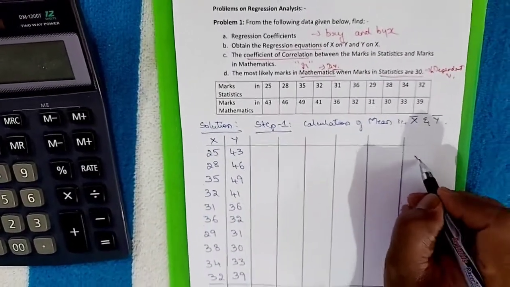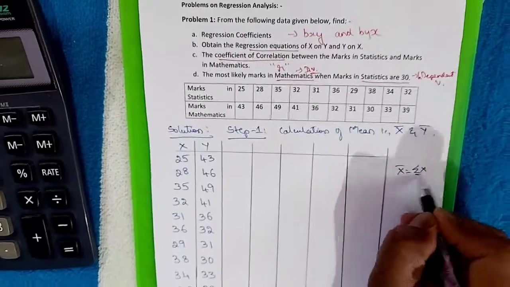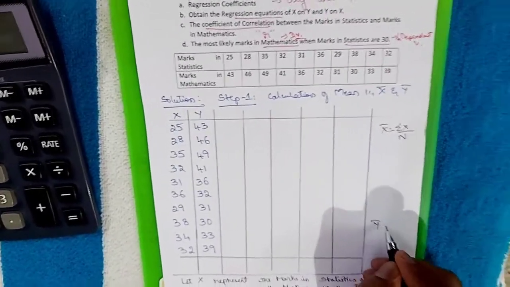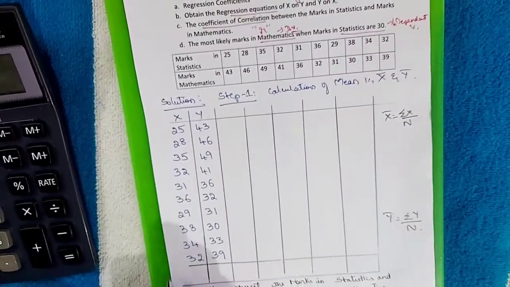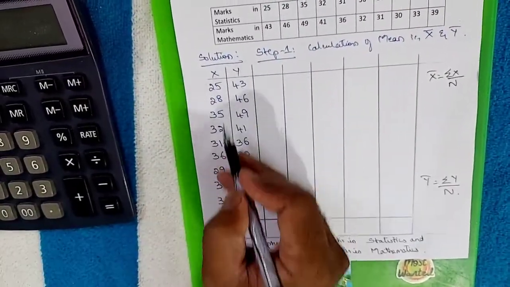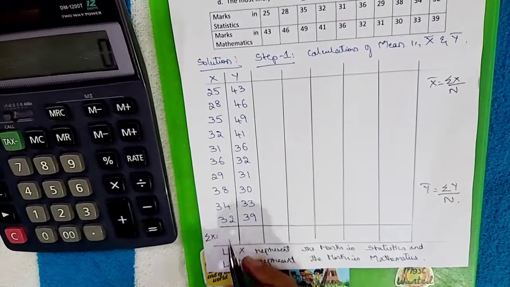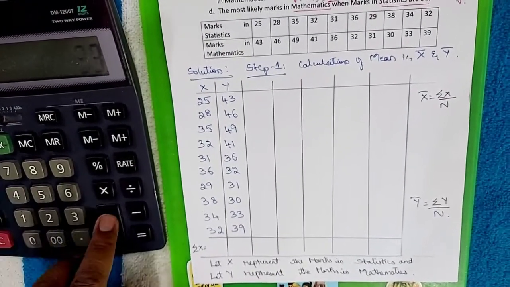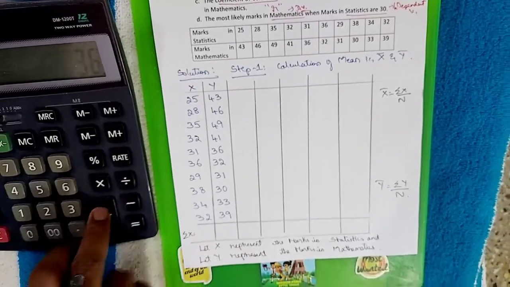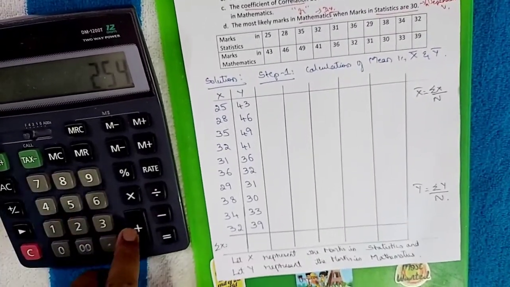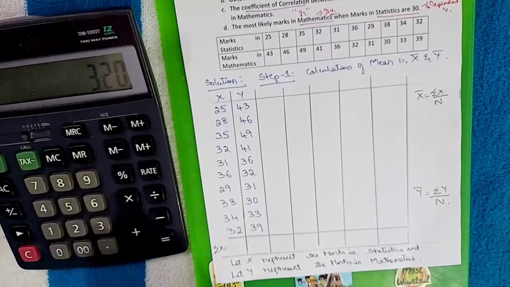Therefore, x bar is equal to sigma x divided by n and y bar is equal to sigma y divided by n. Now the total of all the values of x gives us sigma x: 25 plus 28 plus 35 plus 32, 31, 36, 29, 38, 34 and 32.